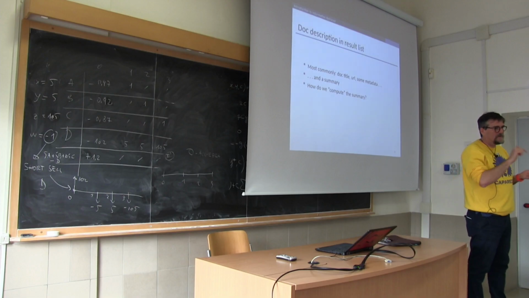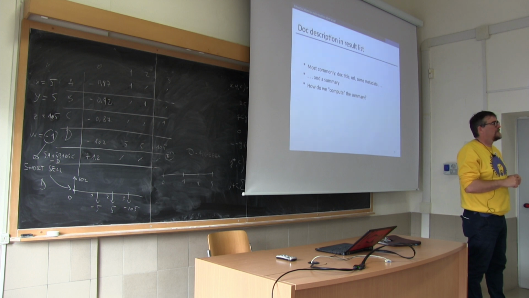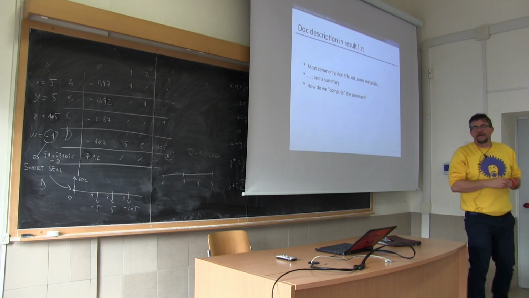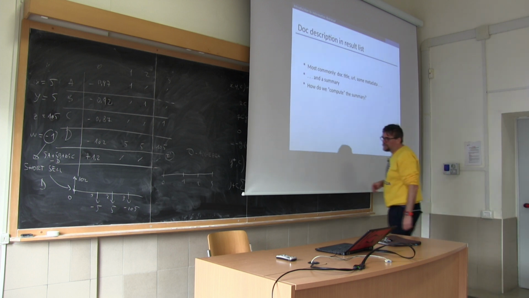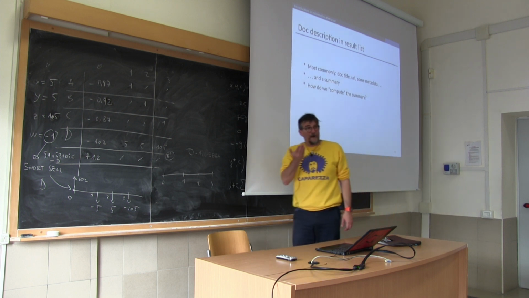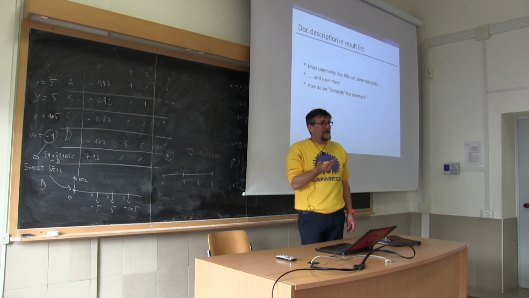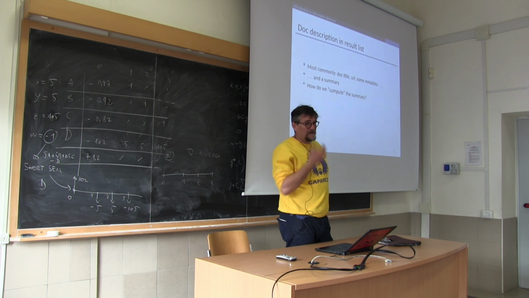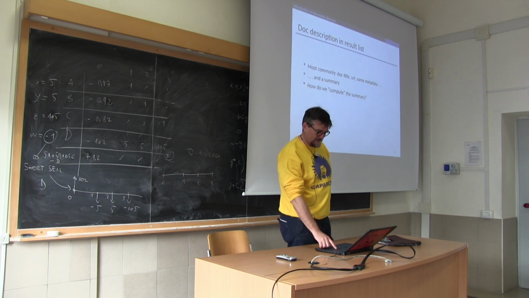As an example, when you search on Google, you get a very short list of sentences which is a summary. So how to compute this summary in order to allow the user to have a rough idea on whether the provided documents are relevant or not for his or her information need?